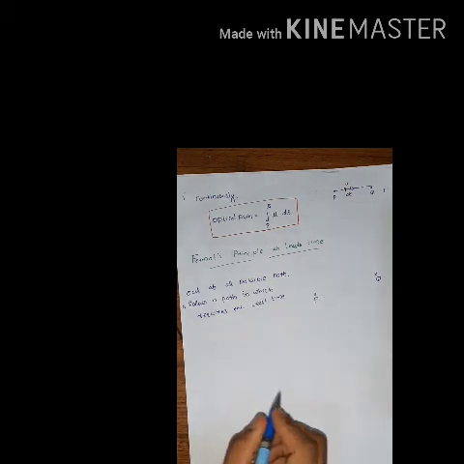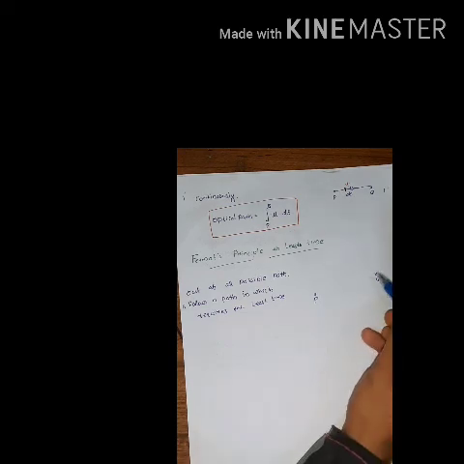That is, if a light ray is traveling from P to Q, there are a lot of possible paths.